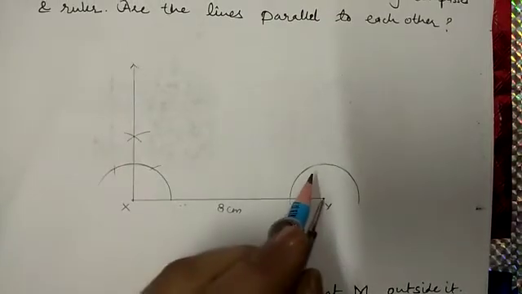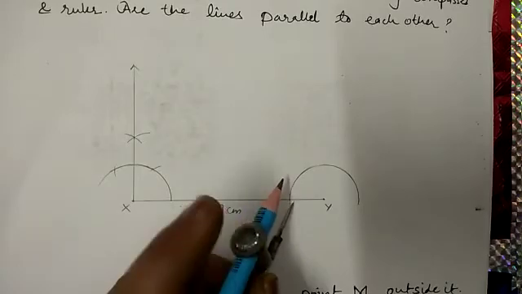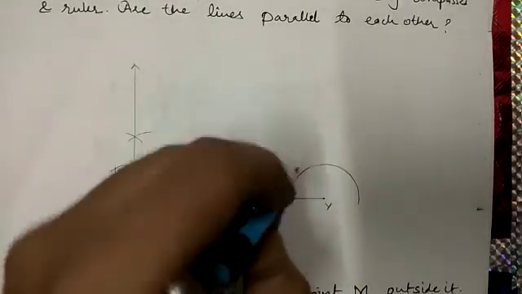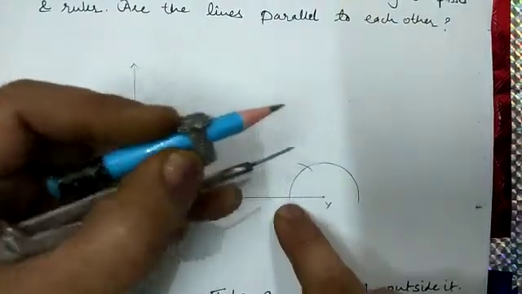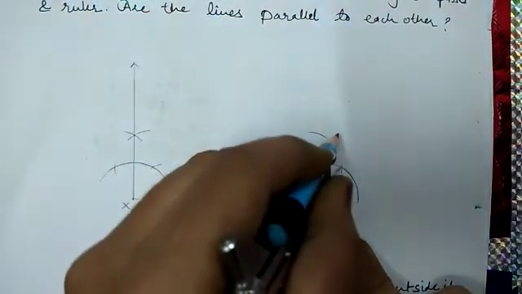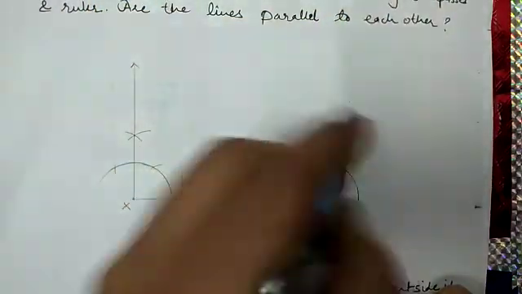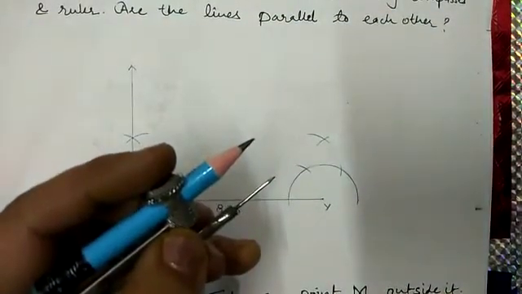Make sure, students, when you are drawing your angle at point Y, you have kept your compass at point Y to draw an angle of 60 degrees. That is, you will start from this point, not from here. 60, from here 120, and then using these two arcs, we will draw an angle of 90 degrees.